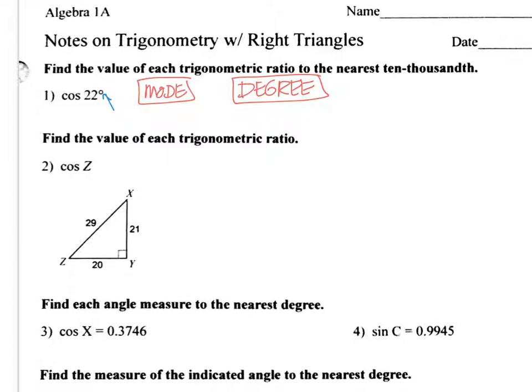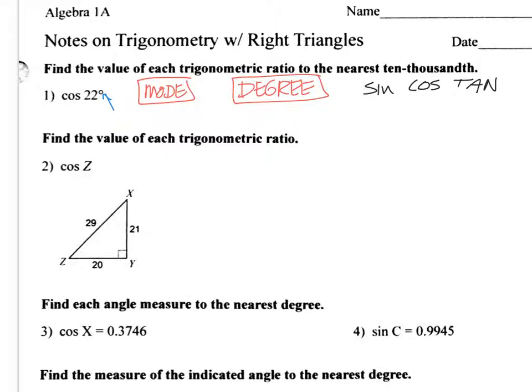And all you do here is you use the trig buttons. They're called sine, cosine, tangent. On your calculator, they look like sin, cos, and tan. So in this case, once our calculator mode is in degree, we just go to cosine, cos.